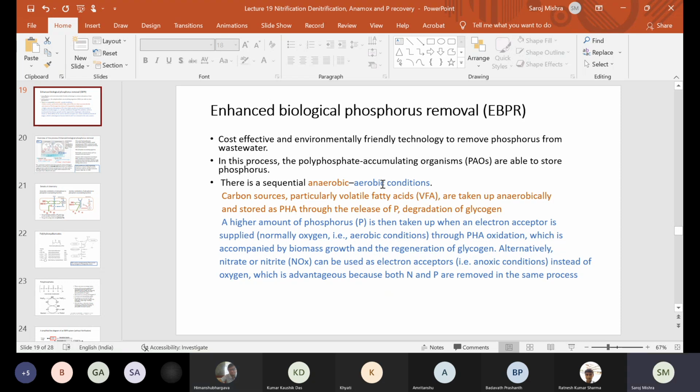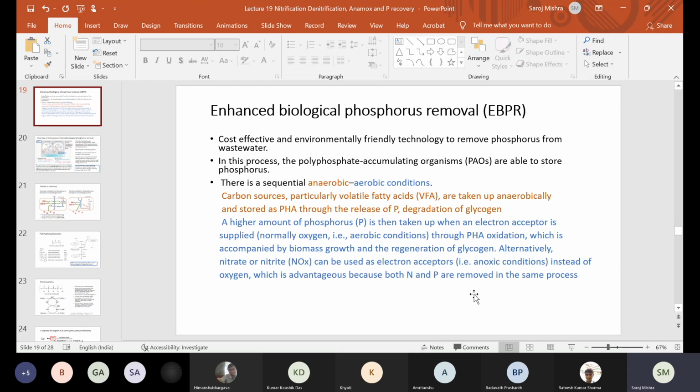Okay, so please pay attention, because this is really the golden advantage of this particular process, that during phosphorus removal even the denitrification activity can be carried out, because we can't say aerobic, but we can use a term like anoxic. Anoxic means only lack of oxygen. It doesn't mean lack of an electron acceptor.